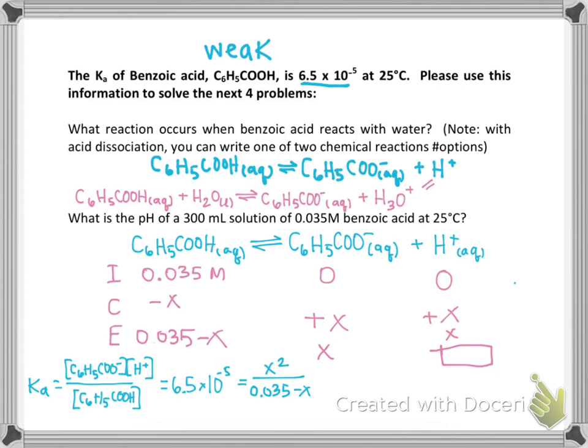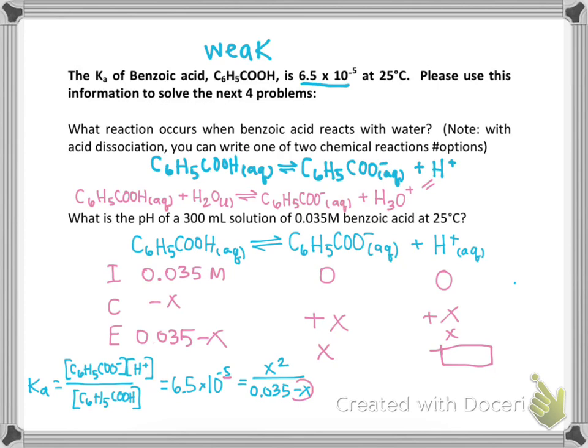And so as it's written now, we would need the quadratic equation to solve for x. But if you look at our k value, we have a really small number. It's 10 to the minus 5. And so if we did use the quadratic equation, we would get a pH that'd be very similar to the number we get if we ignore any x's that are added or subtracted.